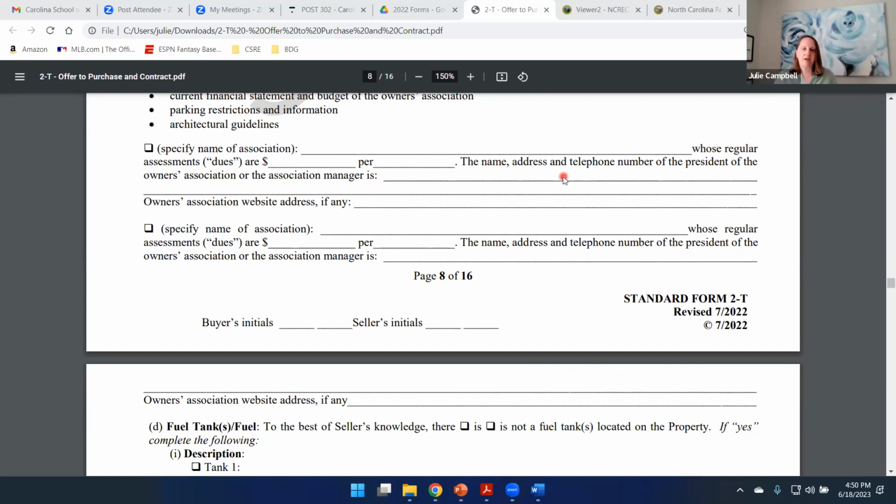You can see I have a place for 2 HOAs. Some places, for example, you might have the mandatory HOA and then an optional HOA for the pool. For example, there may be 2, one's required, one's optional. The seller is just providing the information for the buyer. So there's two HOAs, split it all out.